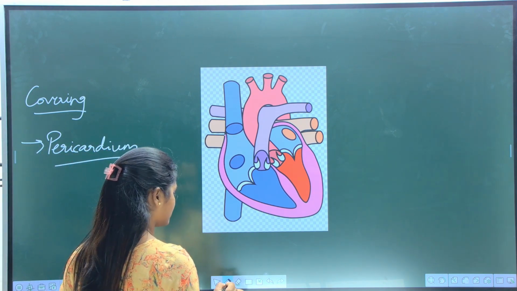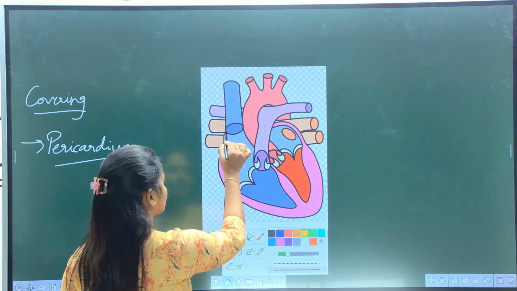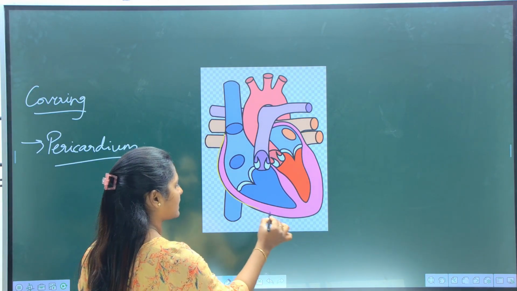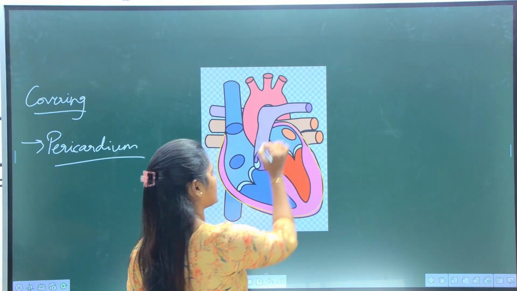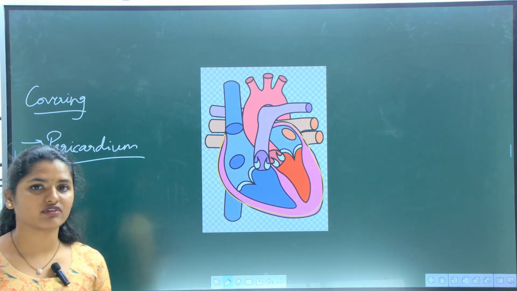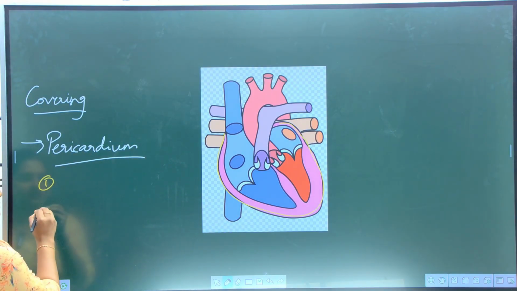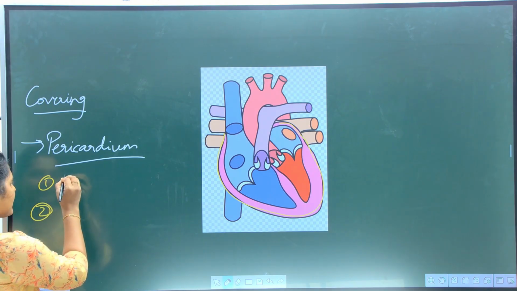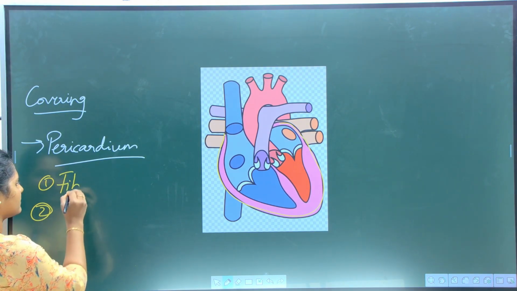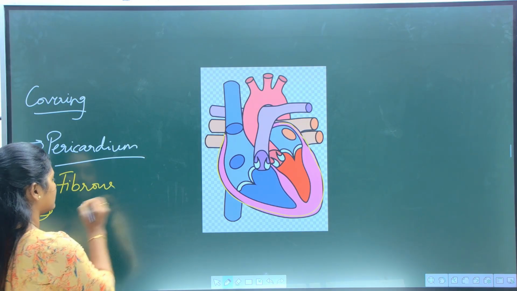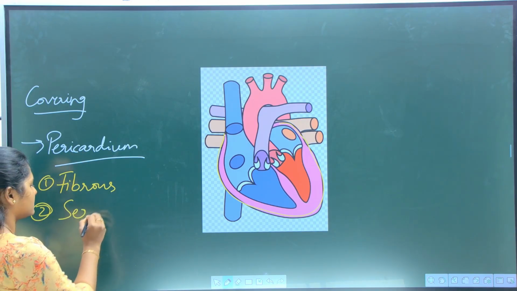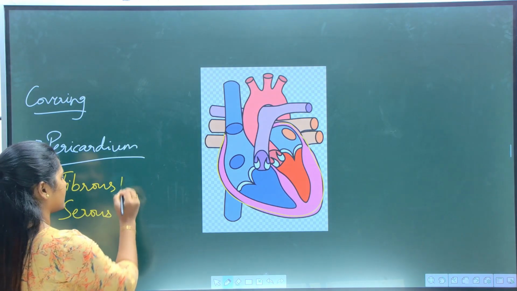Here you can see, this is the pericardium. In the pericardium there are two layers: one is the fibrous pericardium and the next one is the serous pericardium.